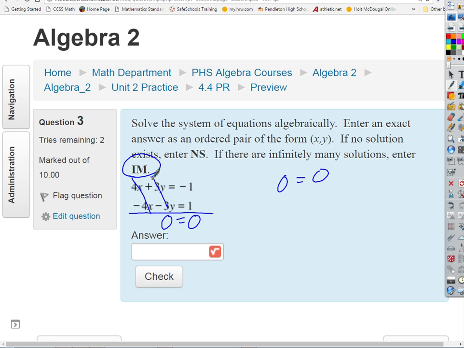Now another way to think about this is, when we solve a system of linear equations, if I graph either one of these equations separately, they're just lines, right?